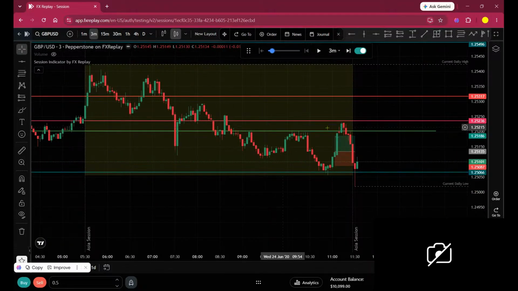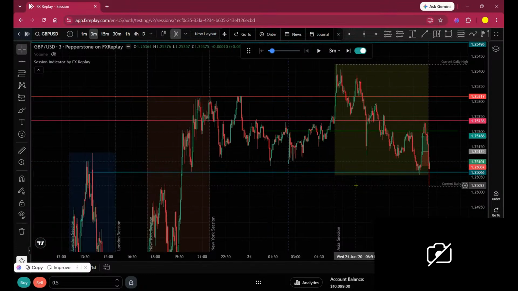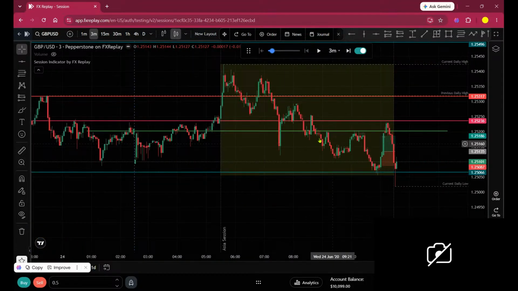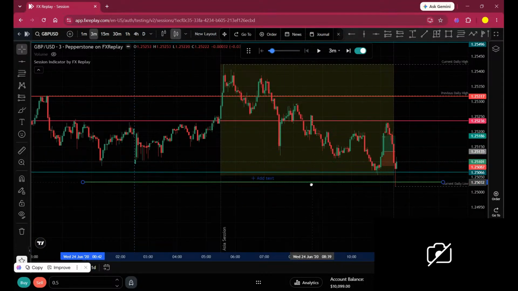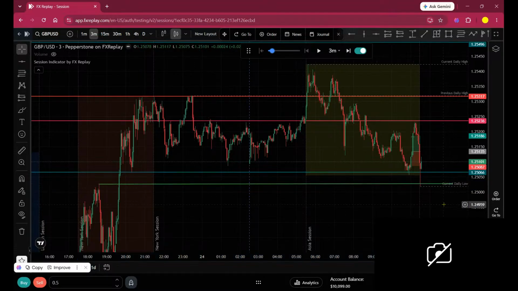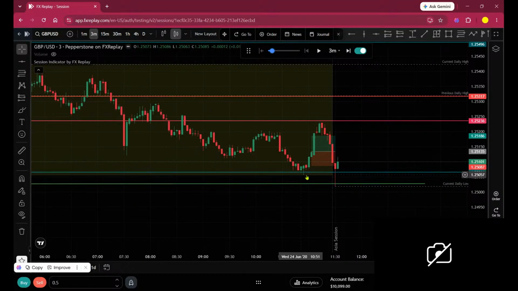This was here, change of character happened, right? Now the market has swept this liquidity. Okay, and I still believe that the market can go up. See here, now this liquidity has been swept here, right?